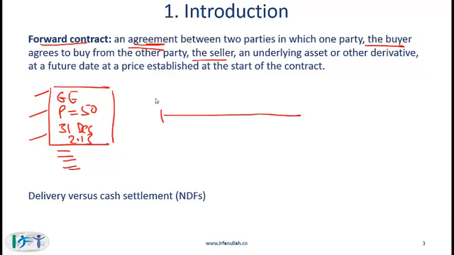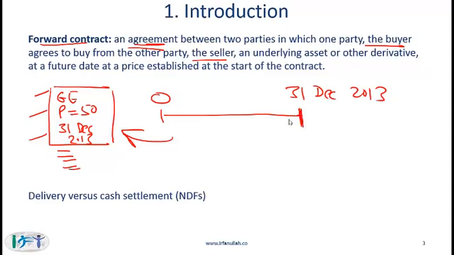So in other words, at time 0, two parties are entering into this contract. The underlying asset is one share of General Electric, and the transaction date is 31st December 2013, which is specified on the contract.